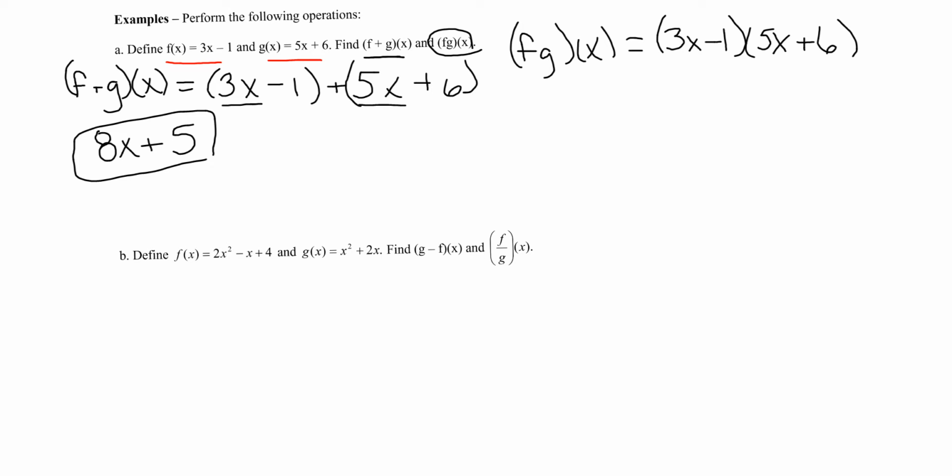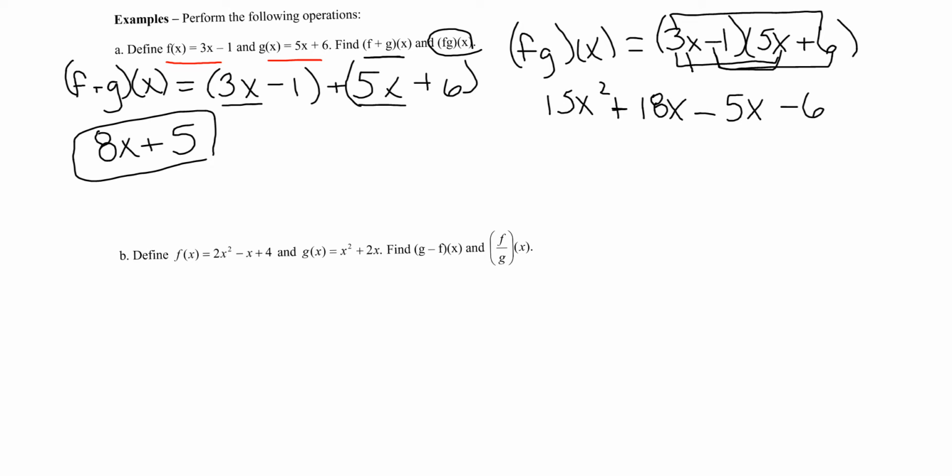And when we multiply, we'll FOIL, so we will get 15x squared plus 18x, then -1 times 5, so minus 5x, and -1 times 6, minus 6. And then we combine our like terms, so we have 15x squared plus 18 minus 5 will give me 13x minus 6, and that's our final answer there.